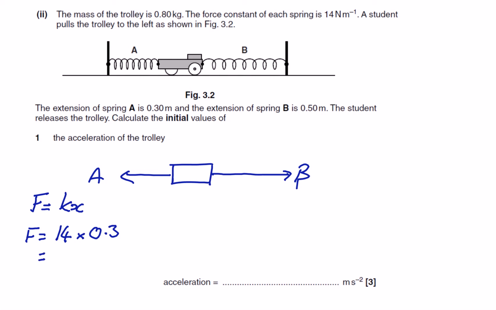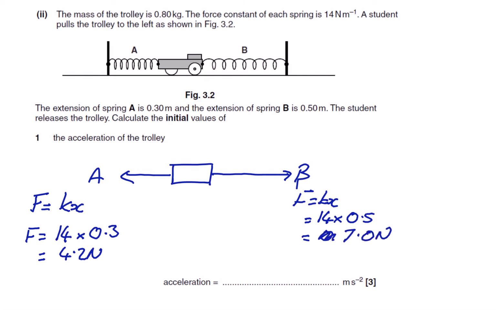And the same over here, we've got F equals kx, and again this is now the force from B: 14 multiplied by 0.5, and that's going to be 7.0 newtons.